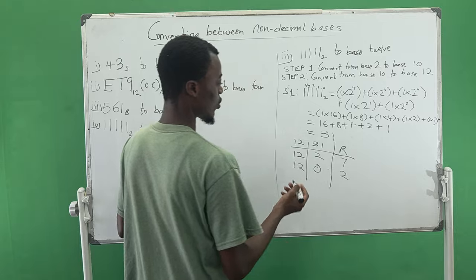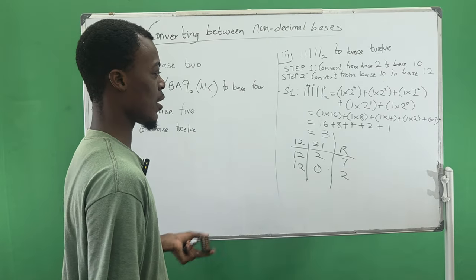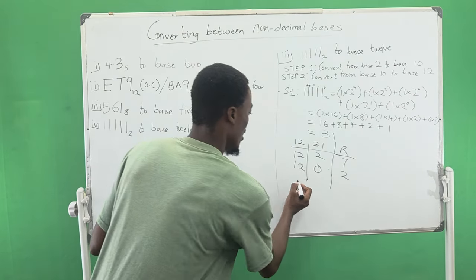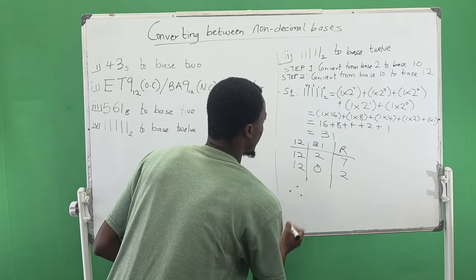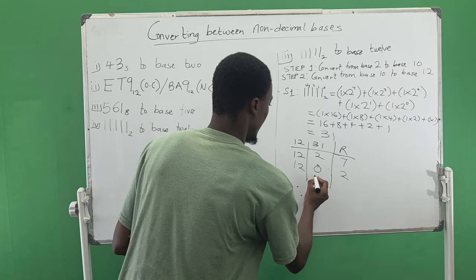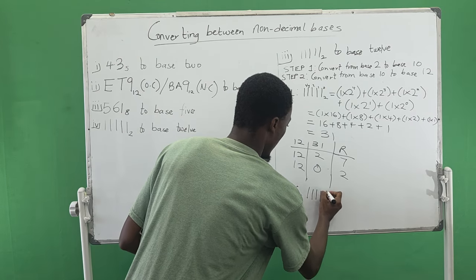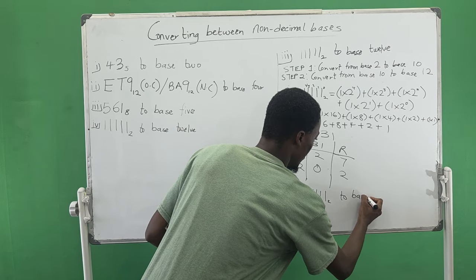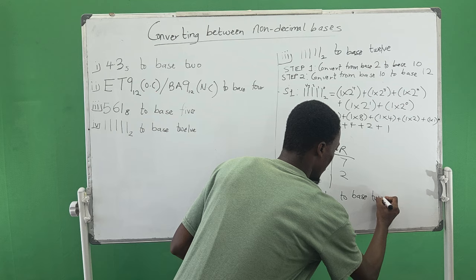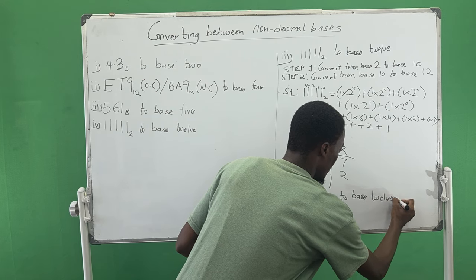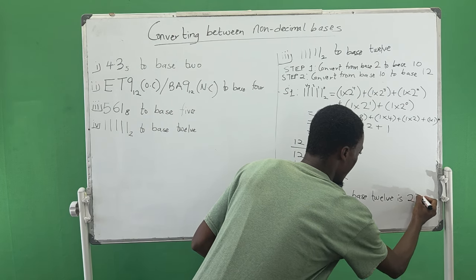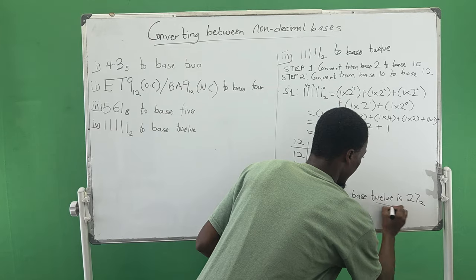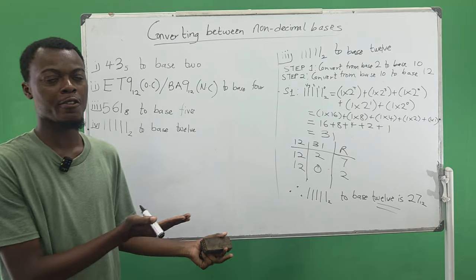Okay. So you see, this one is even easier. We didn't struggle. So therefore, 1 1 1 1 1 base 2 to base 12 is 27 base 12. Very, very easy.